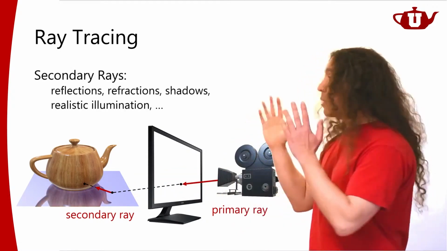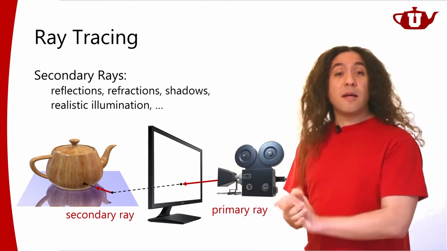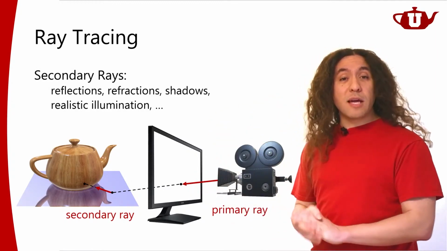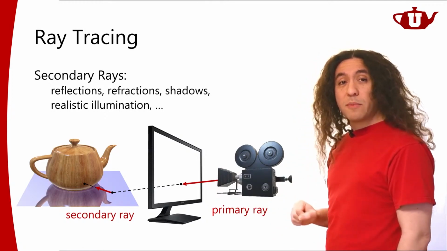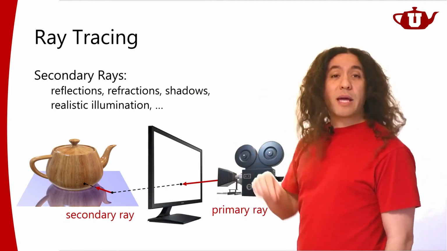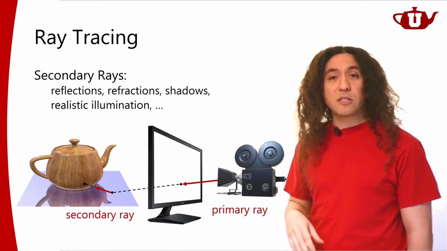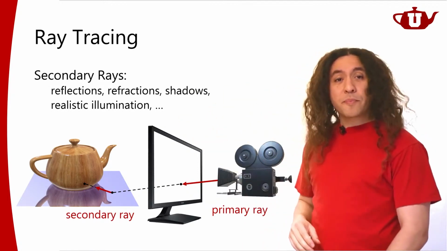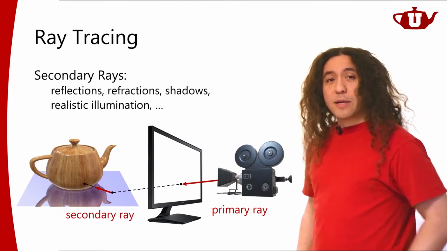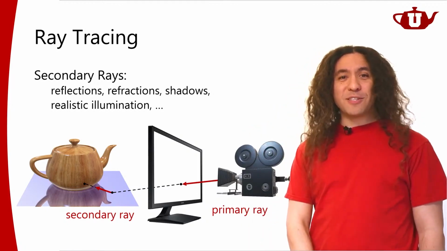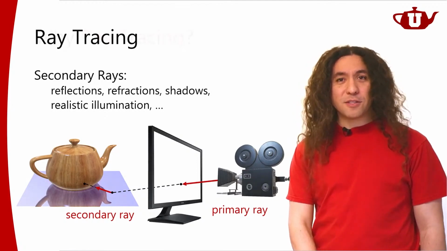So we talked about this, and ray tracing shines with its ability to do things that are way beyond primary visibility. We can handle reflections, refractions, shadows, and realistic illumination, that is global illumination. So that's where ray tracing really shows extra advantages over rasterization.